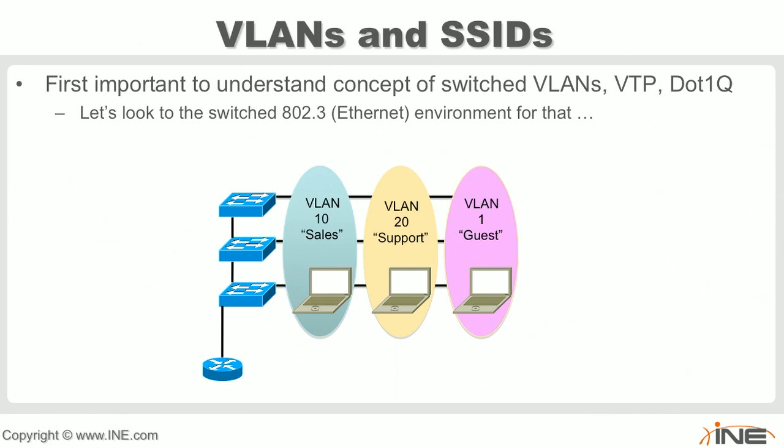The 802.1Q protocol specifies that there will be an additional header that will consist of the VLAN ID as well as some quality of service bits that we won't really get into right now, and that there's also something called a native VLAN. A native VLAN is non-tagged, meaning it does not have that additional .1Q header on top of it.